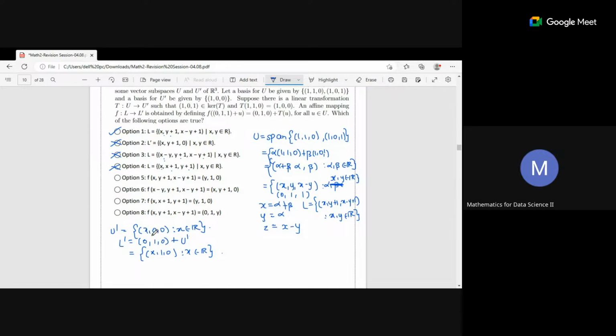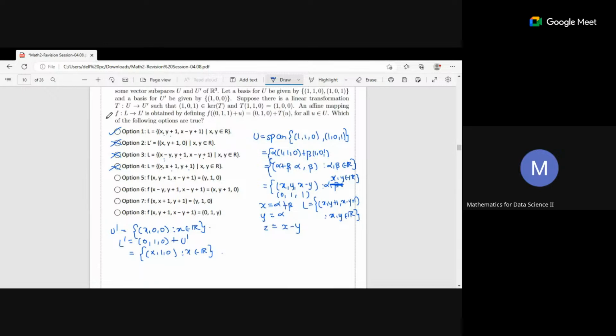So you are adding this 0, 1, 0 to this vector. It becomes x, 1, 0. So your second and third coordinates are fixed numbers, which are 1 and 0. Here it is not a fixed number. It can change throughout R. It means it is not 1. So this option is incorrect. Is it fine now? Yeah. Good.